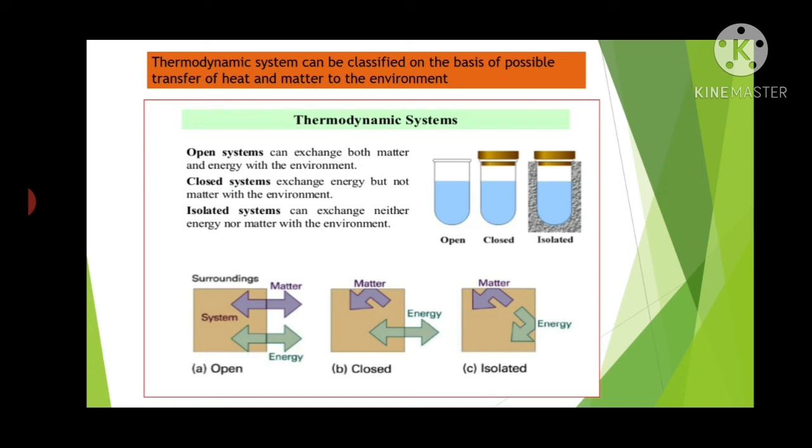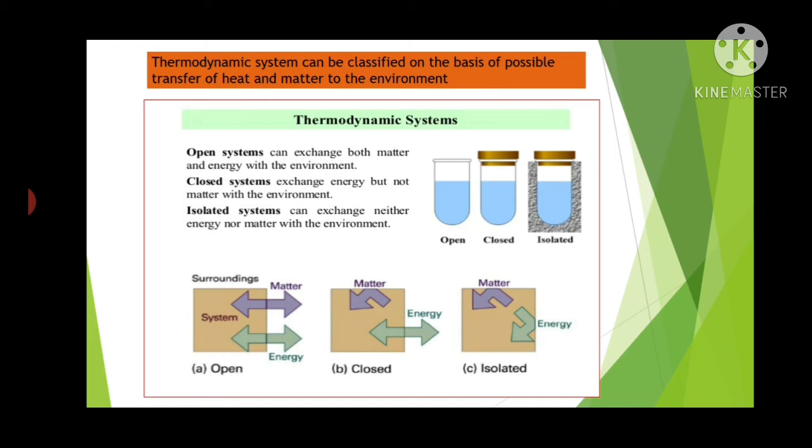The water starts boiling and it is converted into vapors, or you can say steam. This steam is being transferred to the environment directly. That is, the water molecules are converted into gas molecules, and these gas molecules are then transferred to the environment. That is, there is a transfer of heat also, and there is a transfer of matter also.